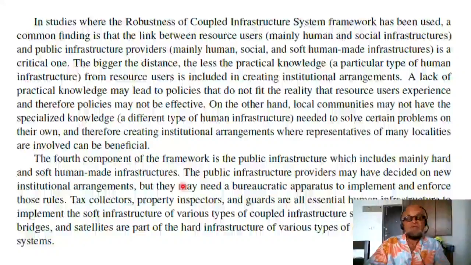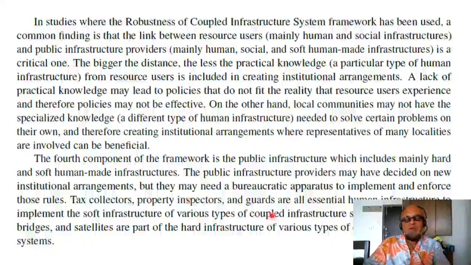The fourth component of the framework is the public infrastructure, which includes mainly hard and soft human-made infrastructures. The public infrastructure providers may have decided on new institutional arrangements, but they may need a bureaucratic apparatus to implement and enforce those rules. So let's say the governing body made the rules, and then you need police, regulators, and so on, who actually enforce the rules.